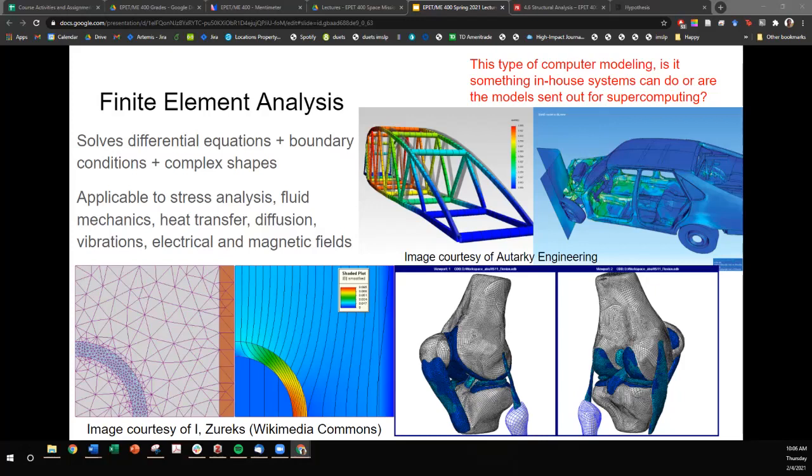So for finite element analyses, the advantages are that they use differential equations, you can apply boundary conditions in complex shapes, and you can apply finite element methods to stress analysis, which is our particular interest. But you can also use it for fluid mechanics, heat transfer, diffusion, vibrations, electrical and magnetic fields.